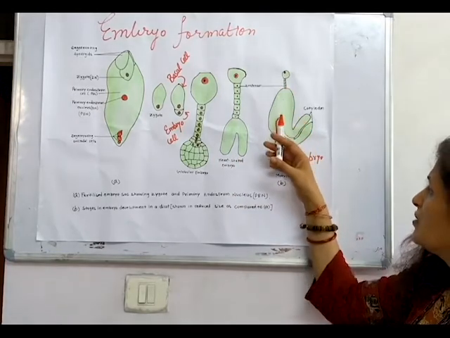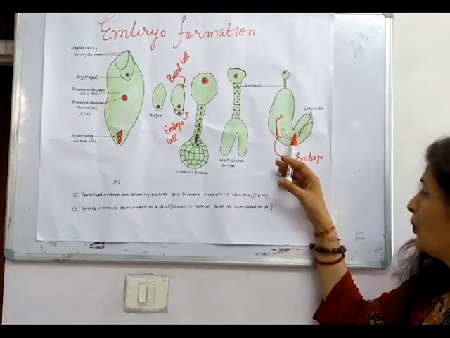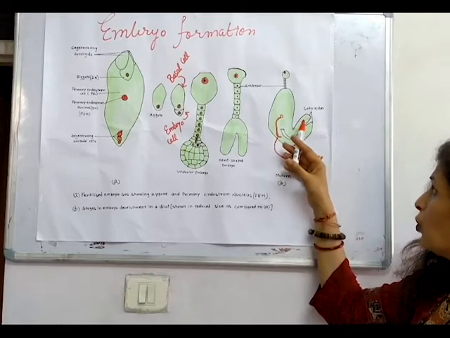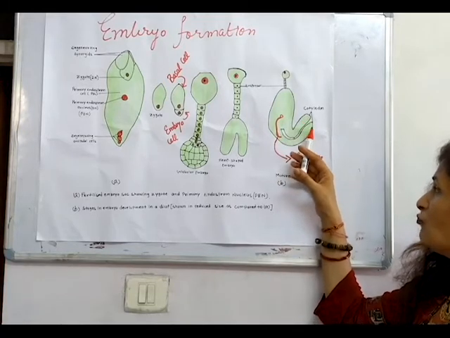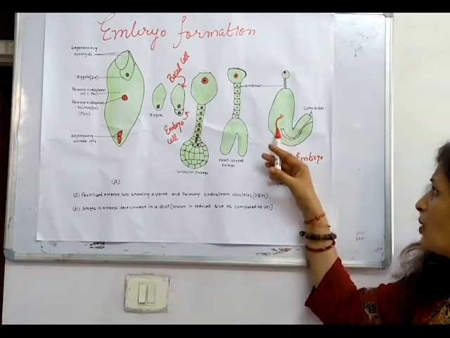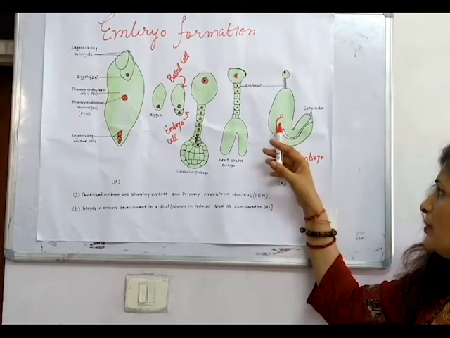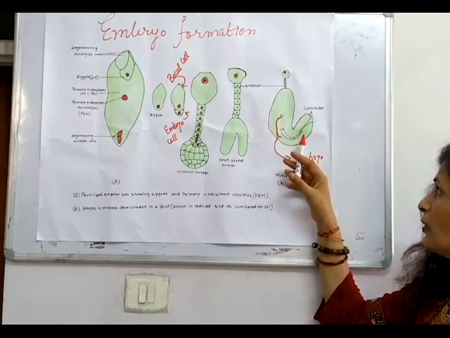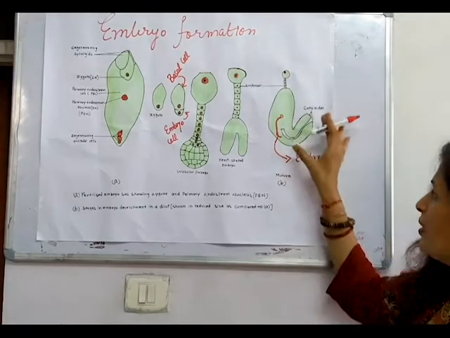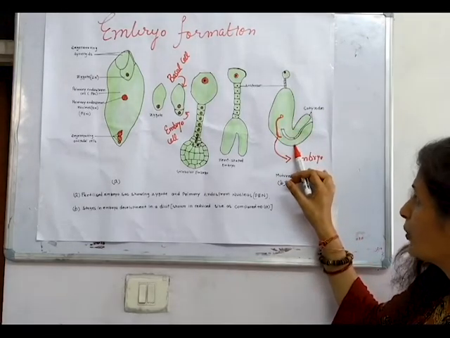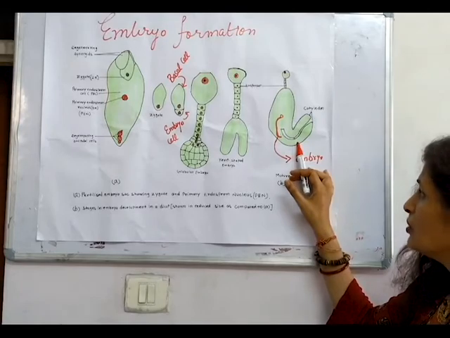And this is the final structure of the dicot embryo, which includes two cotyledons, which are food reservoirs. And in between the cotyledons is the embryo. The embryo will get nourishment from these cotyledons. So this is the final structure of the dicot embryo, which will form the future plant.